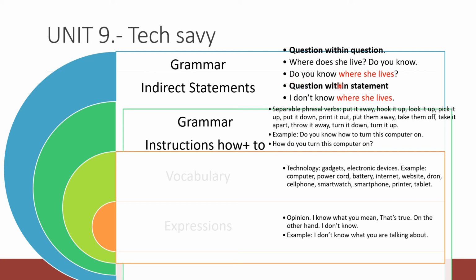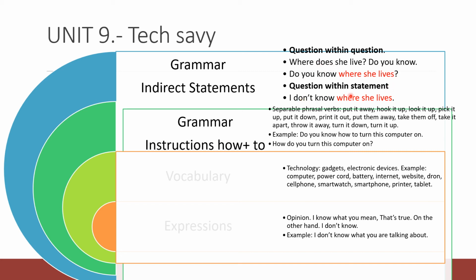And the second part becomes a normal sentence like subject, verb, and complement, and they are connected by the word where, the WH question word. Do you know where she lives? And we use lives because we're talking about the third person. This does becomes here an S.